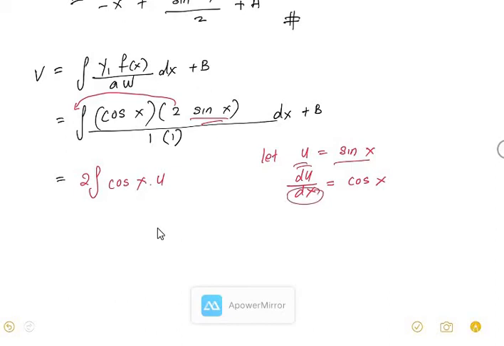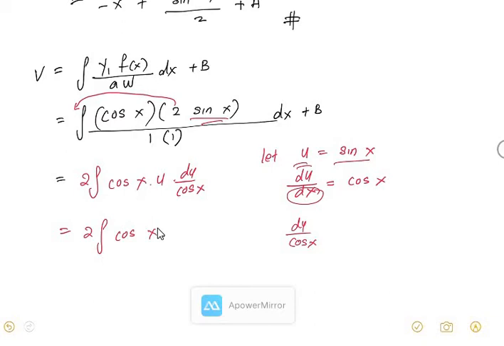Sine x we assume as u. And then dx is du over cos x.